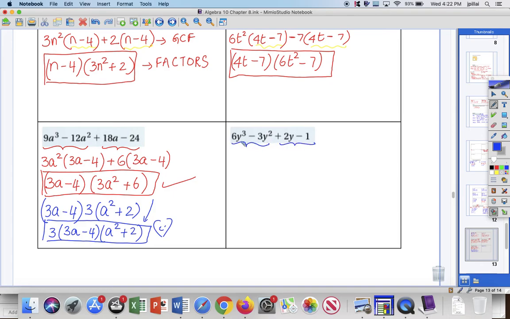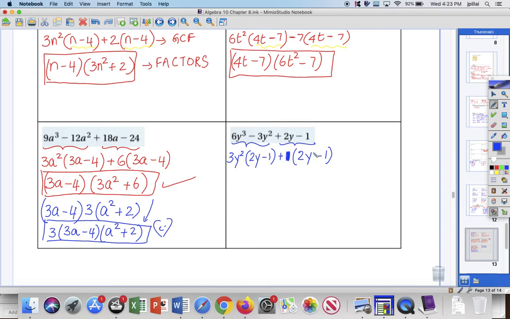Let's go. So 6y to the third minus 3y squared. Again, 6 and 3, the greatest common factor would be 3y squared. That leaves me with 2y minus 1, plus 2y and 1. I don't have any common factor except, yes, 1. So 2y minus 1. So this is an example where you need to put that 1.